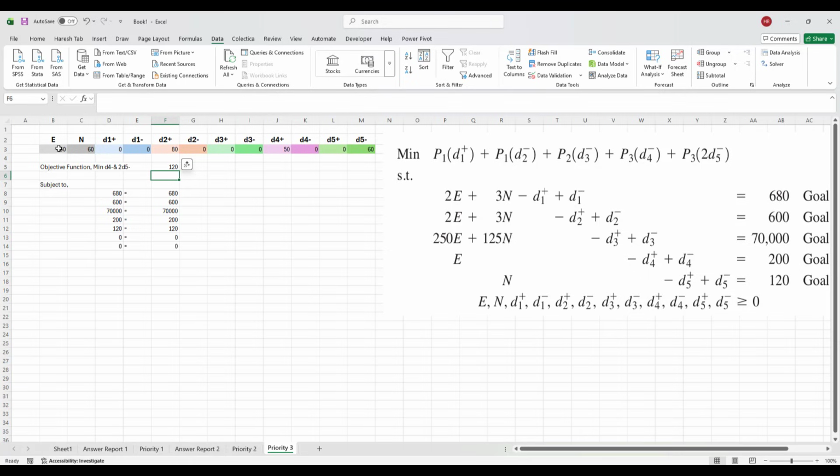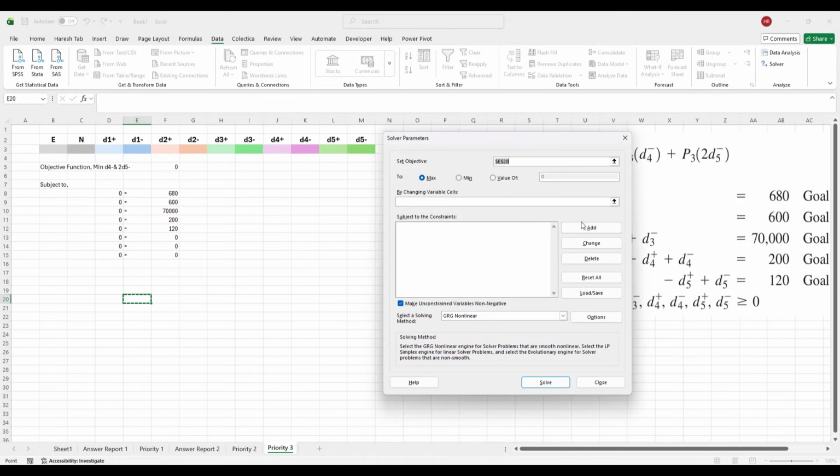Also I will make this 0 first, and here I am going to write one more equation, D3 minus is also equal to 0, which we have achieved in our second stage, equal to zero. So I am now ready. I have set up for the third and final priority and goal setup. I am going to solve this.